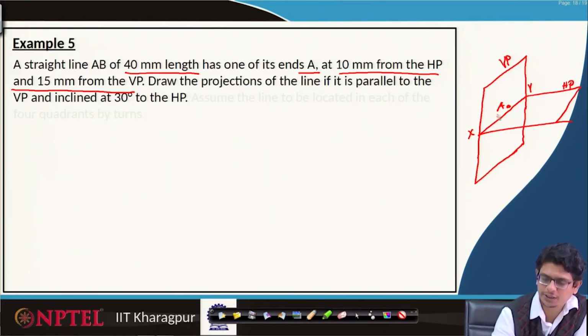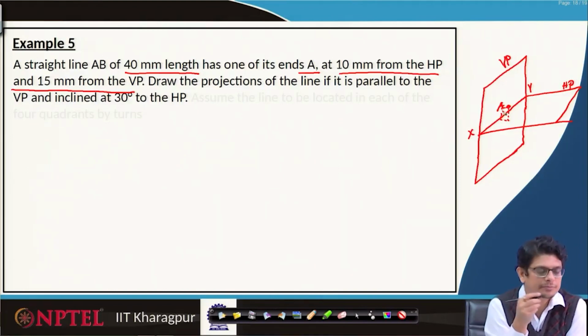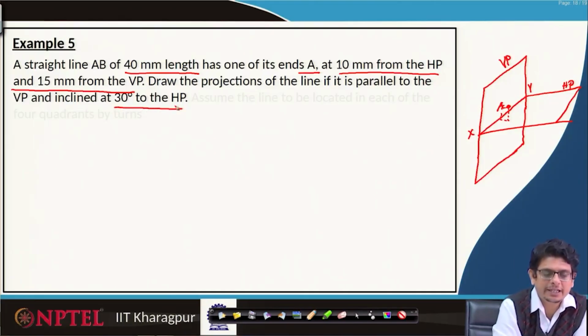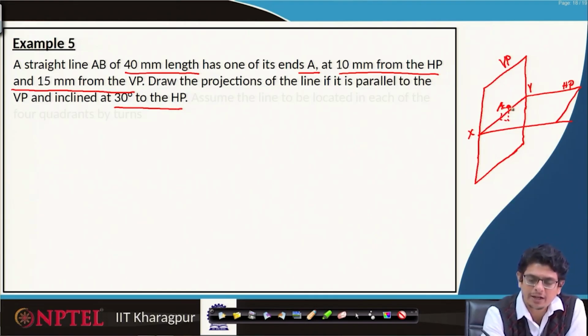So, if we have projections, it makes in that way, and it is 40 mm length. Draw the projections of the line if it is parallel to vertical plane and inclined 30 degrees to horizontal plane. Is supposed to make 30 degrees to horizontal plane, and it is parallel means it should be in that way.